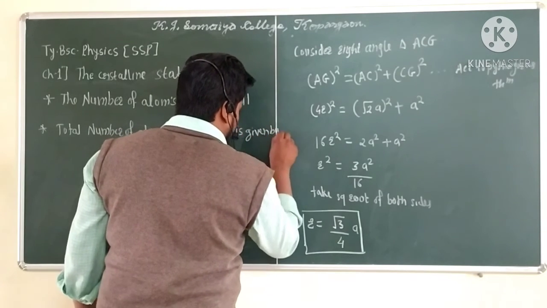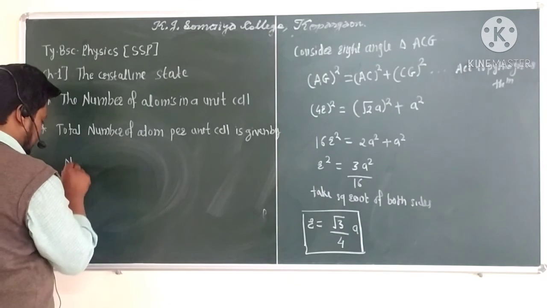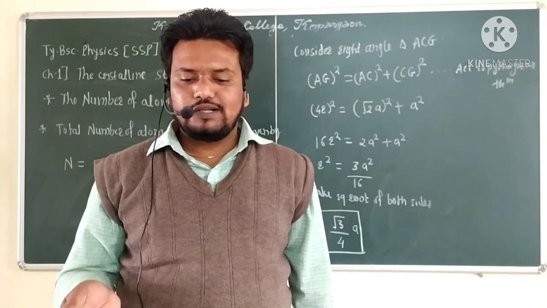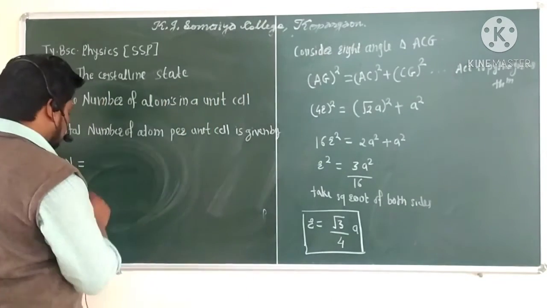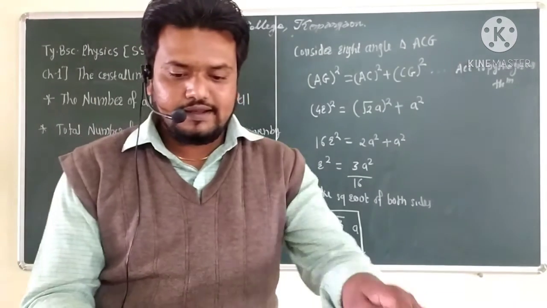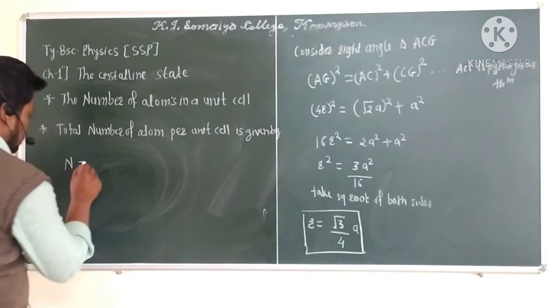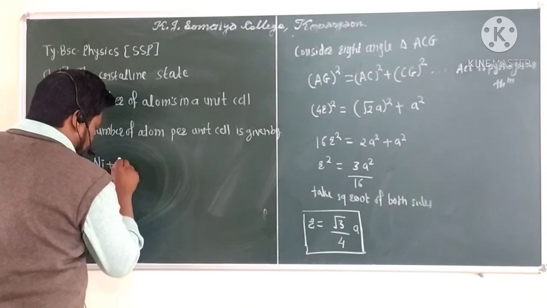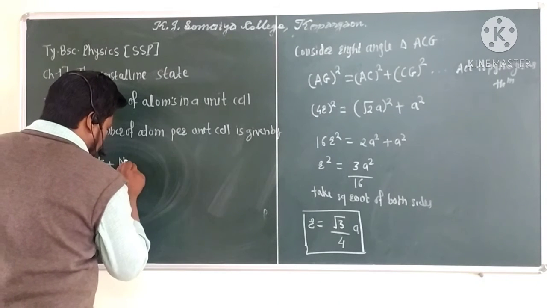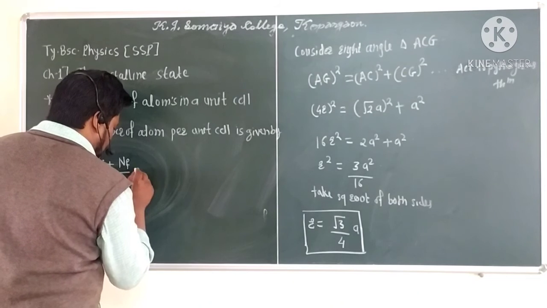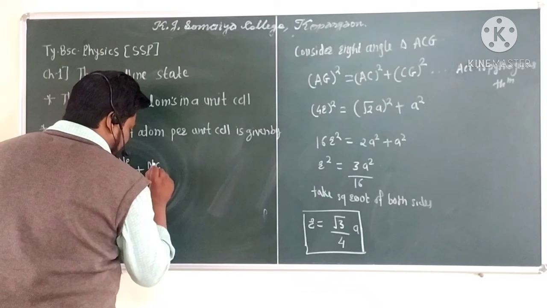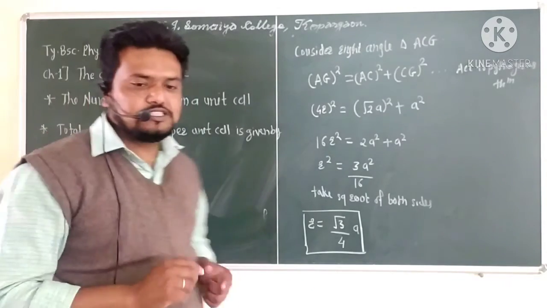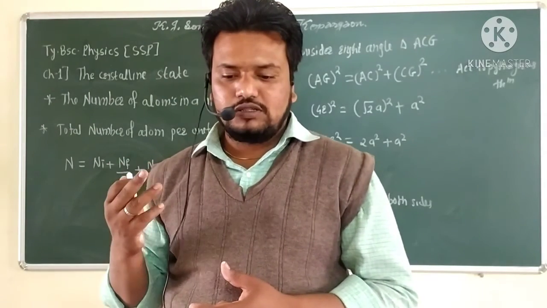The total number of atoms, which is considered as capital N, is given by Ni plus Nf by 2 plus Nc by 8. So N is equal to Ni plus Nf by 2 plus Nc by 8. Okay, so this N is the total number of atoms per unit cell.